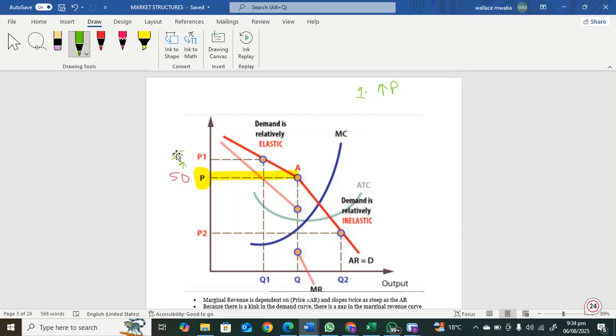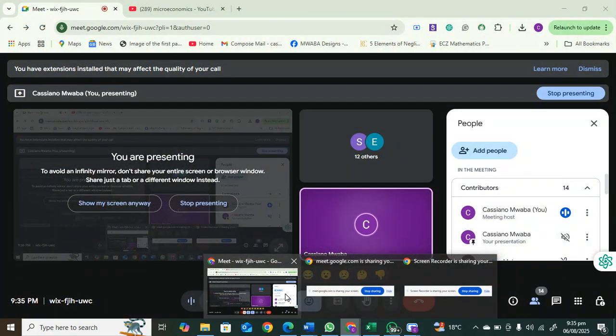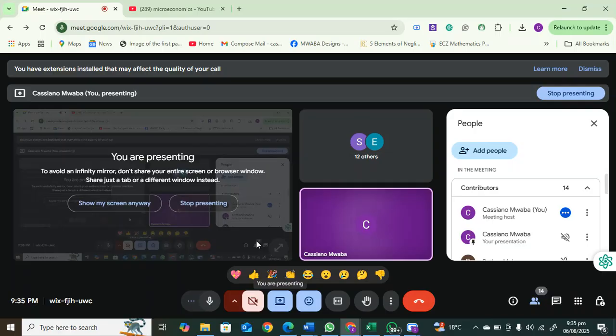So can you get the idea of elasticity in there? Firm one increases the price and they lose a big chunk of their customer base because the customers have gone to firm two and firm three that are cheap. So from that illustration, what is elastic demand?